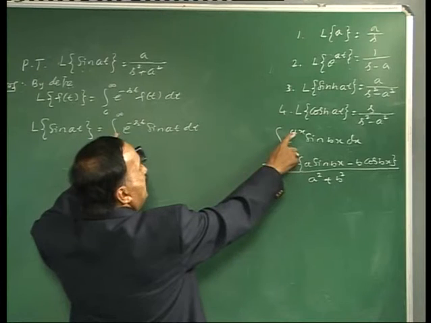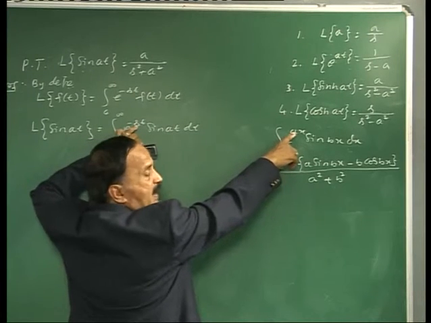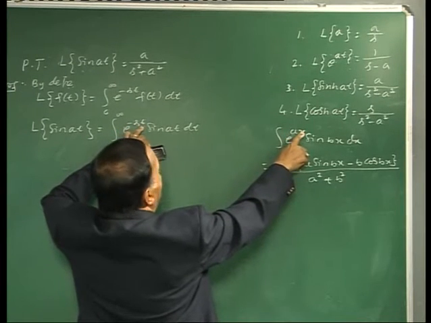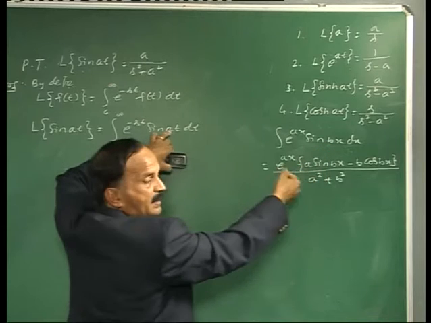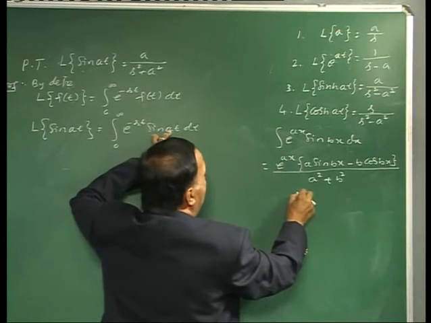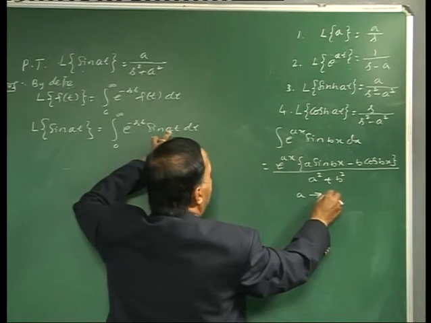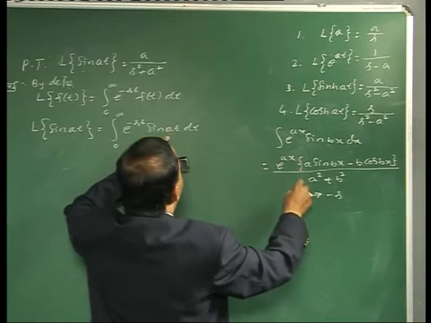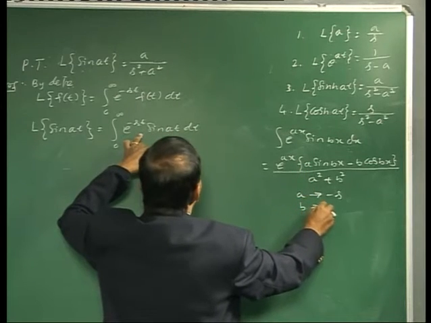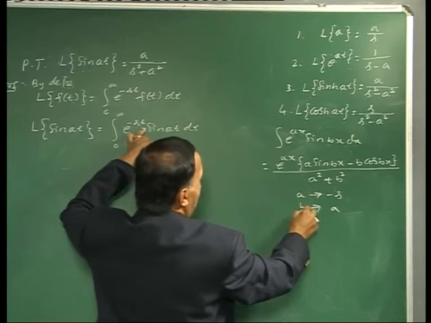Now by comparing these two, put a is equal to minus s, x equal to t and b is equal to a, and you will get the answer. That means replace a by minus s, b by a and x by t.